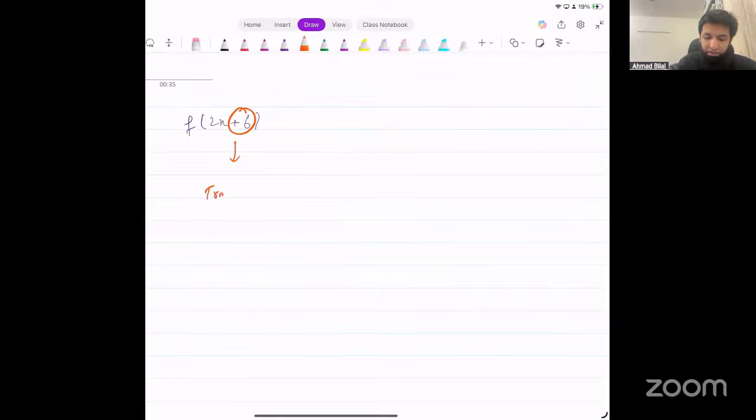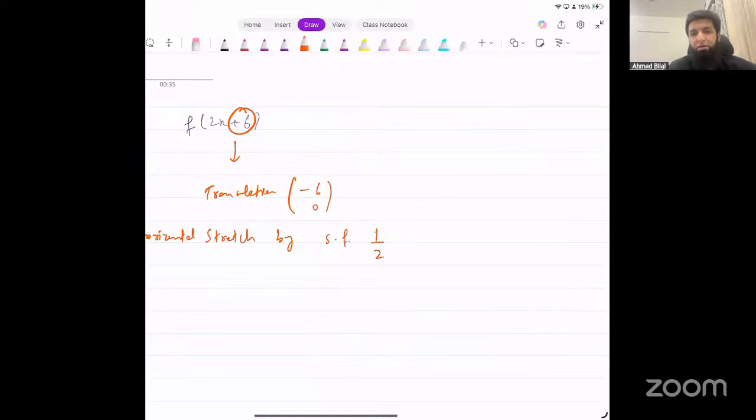That means it's a translation by minus 6, 0. And then we do a stretch, which is going to be a horizontal stretch by scale factor 1/2. That will be the order. Okay.